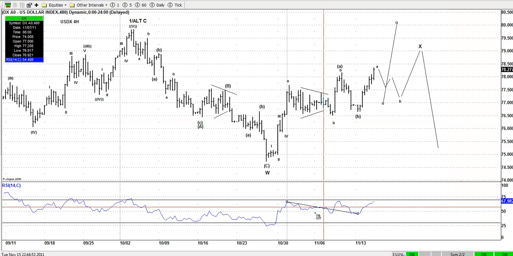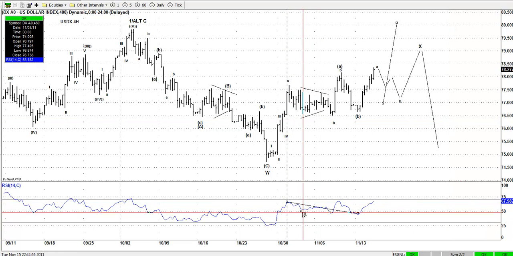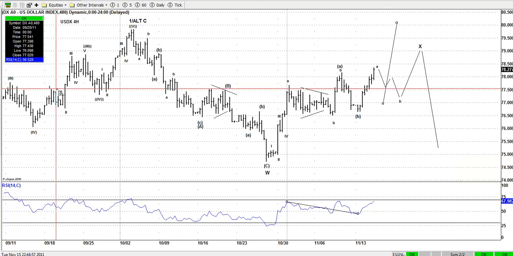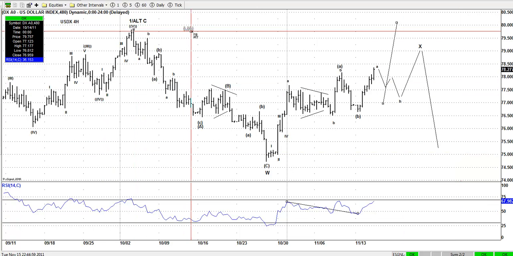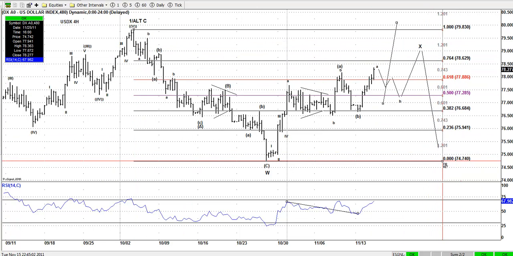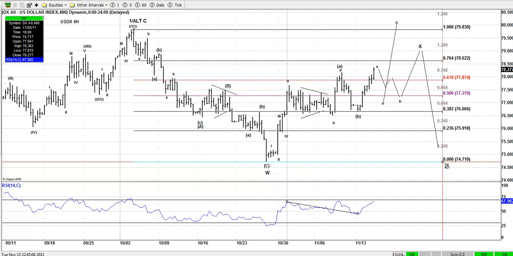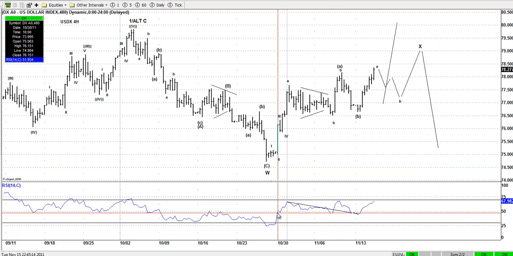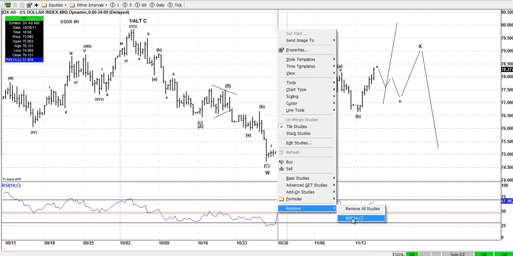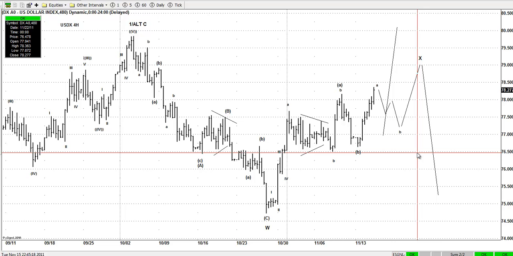But from what I see on my RSI, this looks like a three-wave move, and I believe that everyone should wait for 78.63 to be tradable before starting to take some dollar shorts. Now, I don't recommend at this stage tonight to get long. Wait for some confirmation within the US dollar index before taking either side. That's for the dollar.